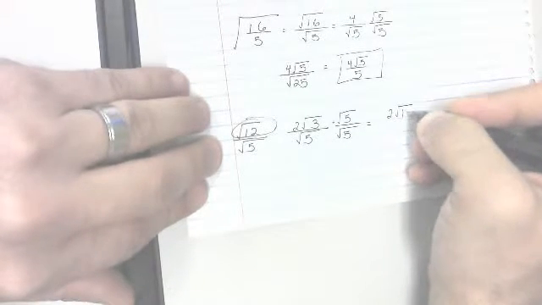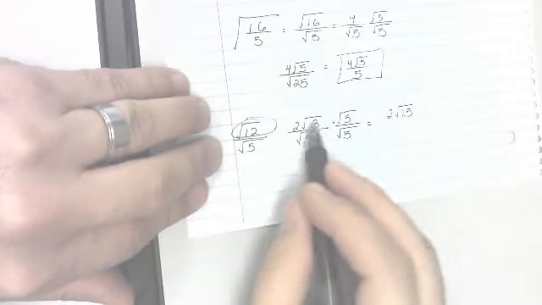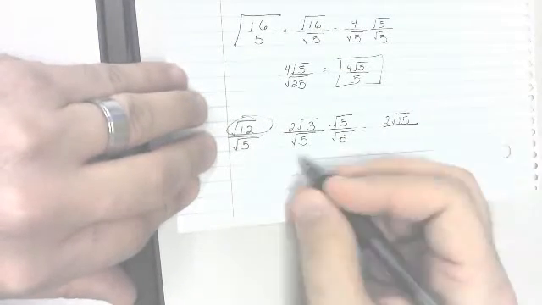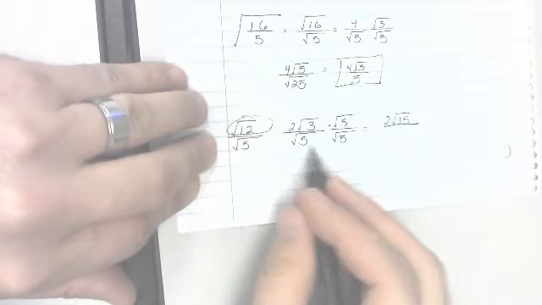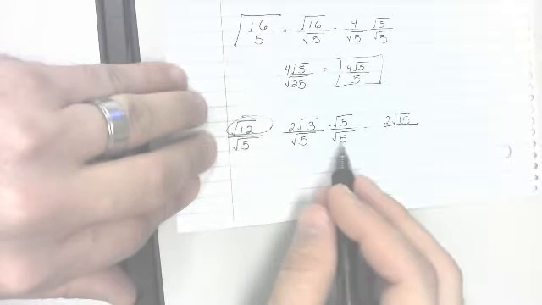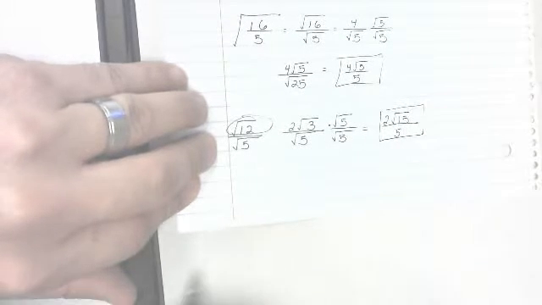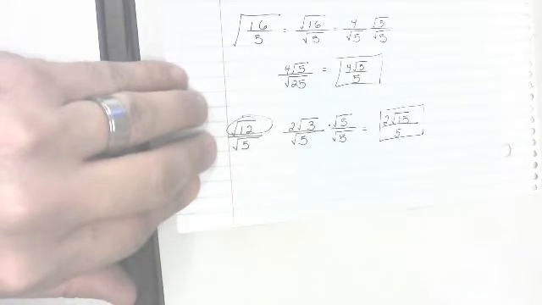So I get 2 square roots of 15. Remember, we're going to multiply the radicands together over, and some of us may be concluding right away, this is the square root of 25, which is just 5. We may not even have to write the step of square root of 25 in the denominator.